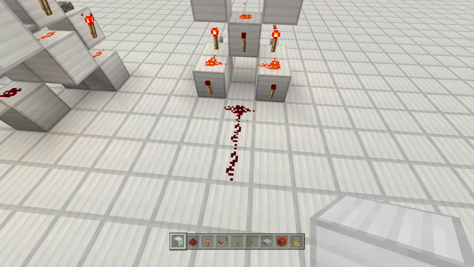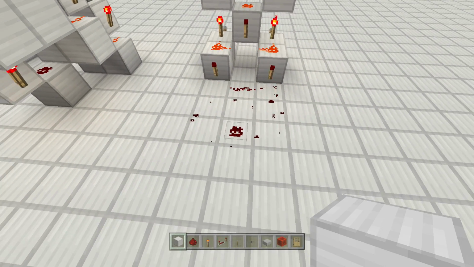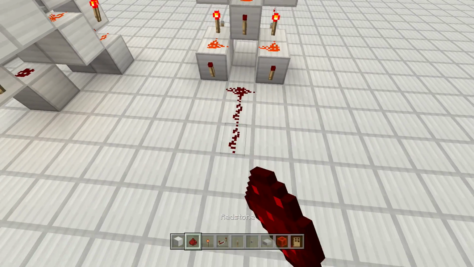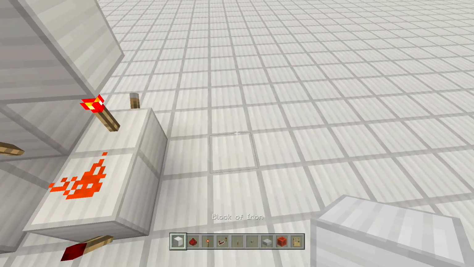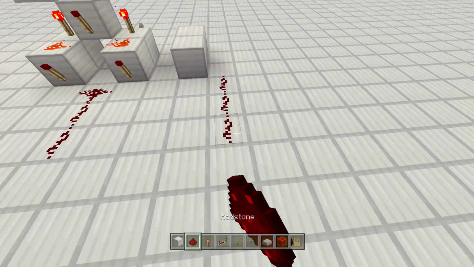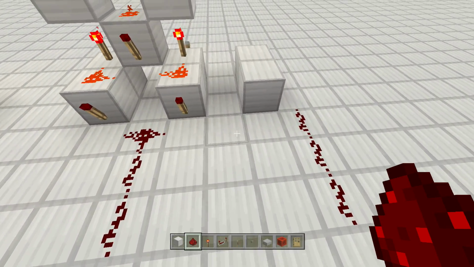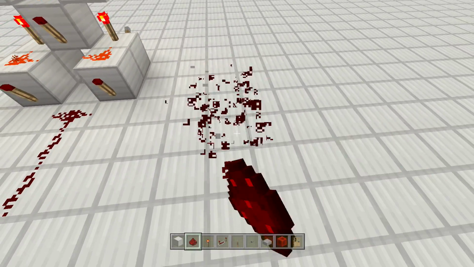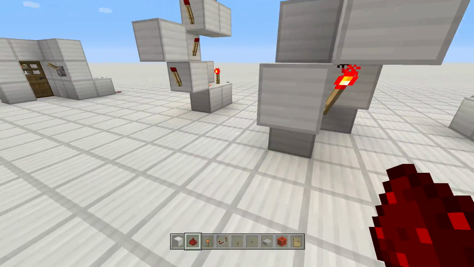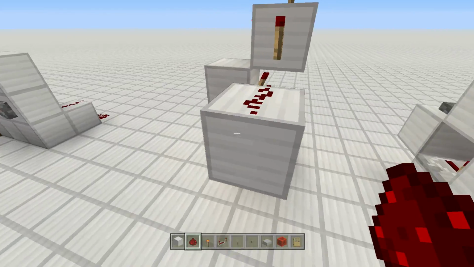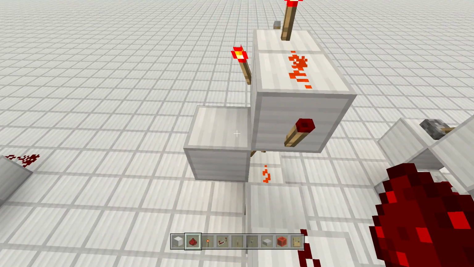bit large for computers. Because if you make one right here and you would make another one right here, well, your output would end up here, and then you have a 3 block gap in between. Rather than if you have this one or this one, it is actually tileable.